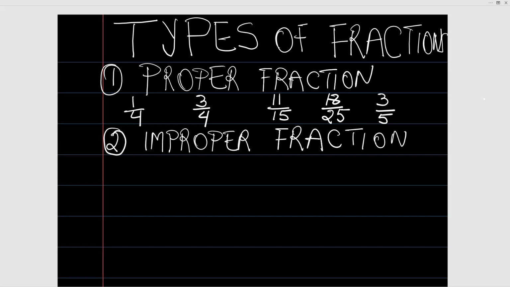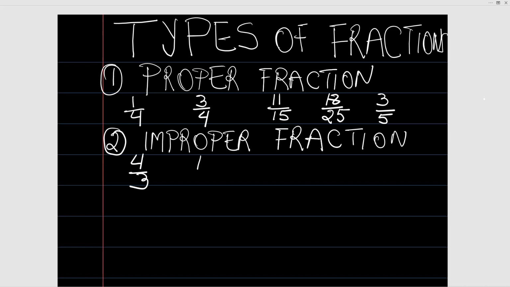So which one do we call an improper fraction? An improper fraction is a fraction where the numerator is greater than the denominator. That's what we call an improper fraction. Example, 4/3 is an improper fraction. Why? Because the top number is bigger than the bottom number.